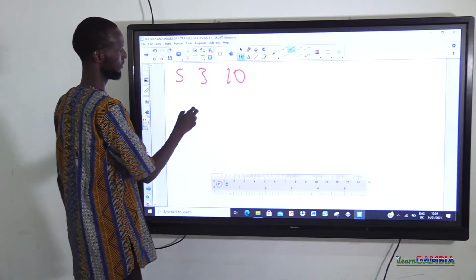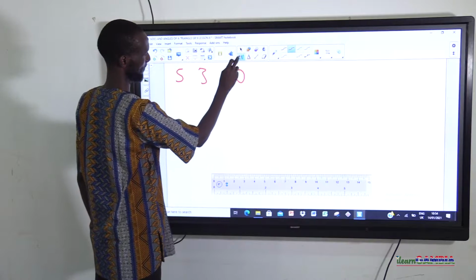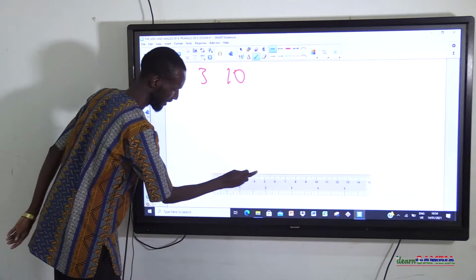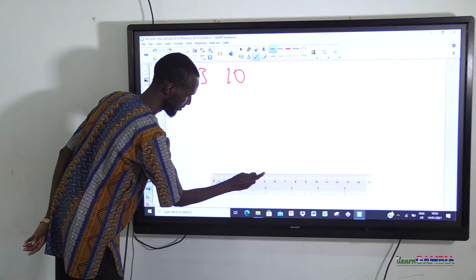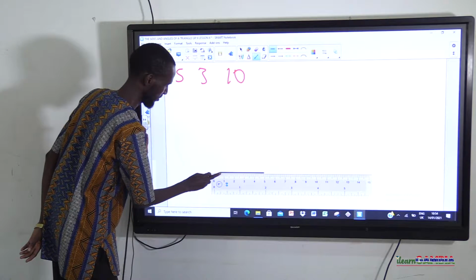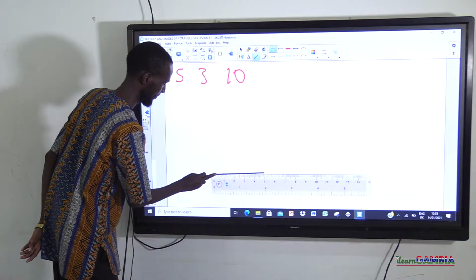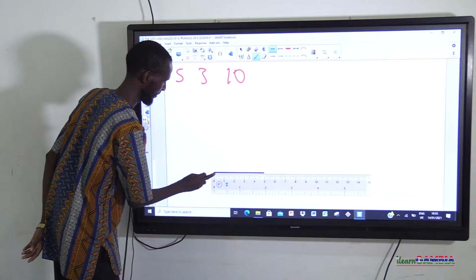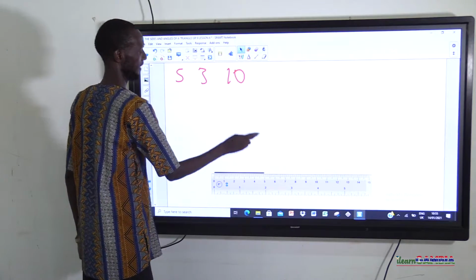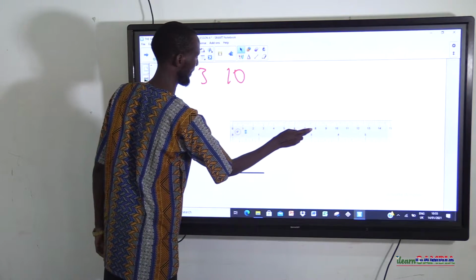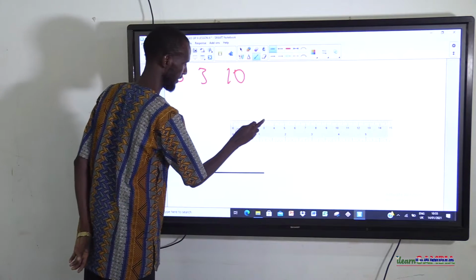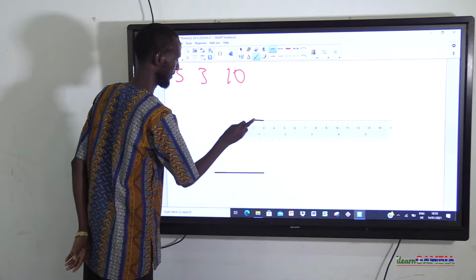So let's first measure the 3 or the 5 centimeters. I need to measure 5 centimeters exactly on my ruler. Okay. Now that is my 5 centimeters, okay? I need another length, which is exactly 3 centimeters. 3 would be here, okay?